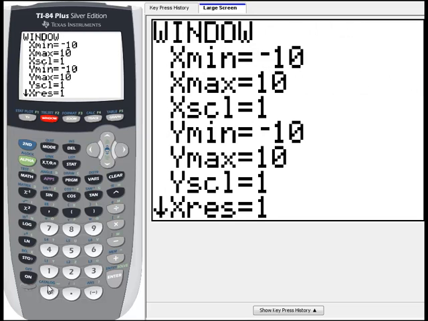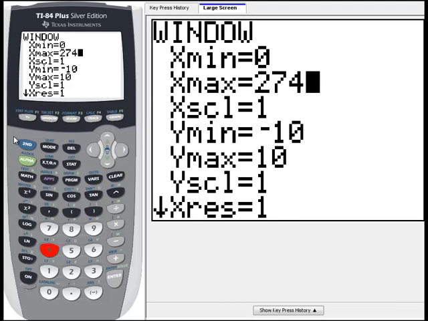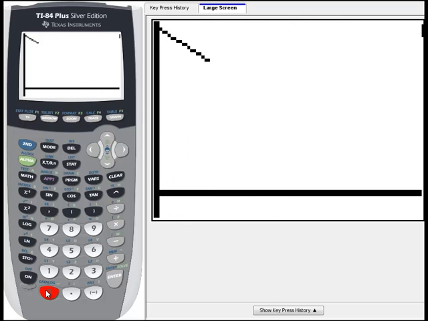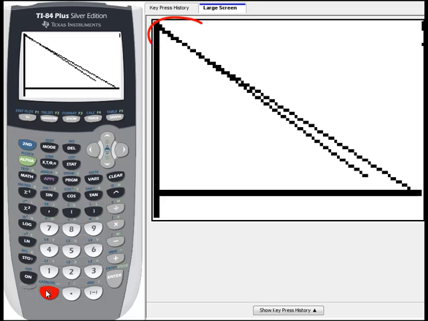So x min could be 0. x max could be 274. And then we needn't fuss over the y-axis window. We can let the calculator take care of that by going zoom fit. Zoom 0 is zoom fit. Okay, there appears to be a single point solution up in that upper left.